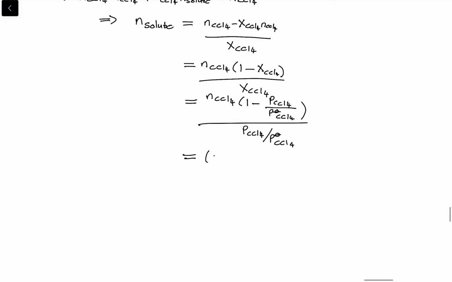Okay, this you can plug in here. So this means we have 0.650 mole CCl4. This is 1 minus the vapor pressure of CCl4 over the solution, which is 0.411 atmosphere.